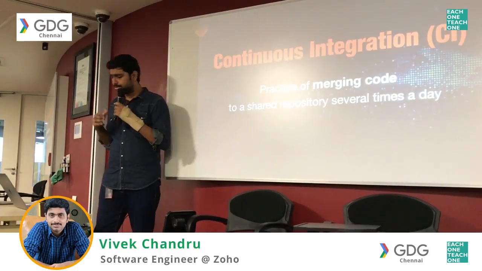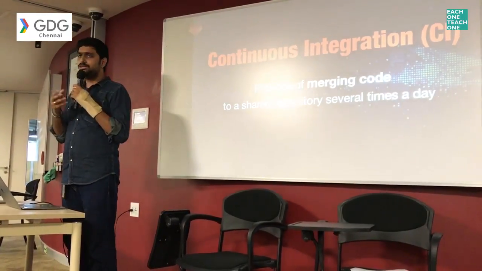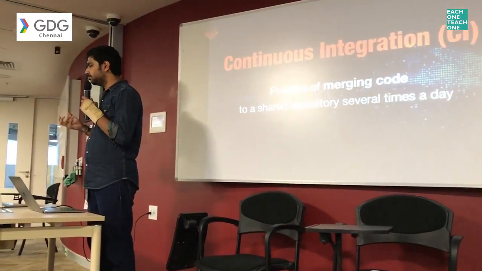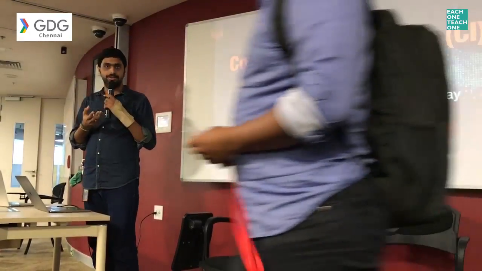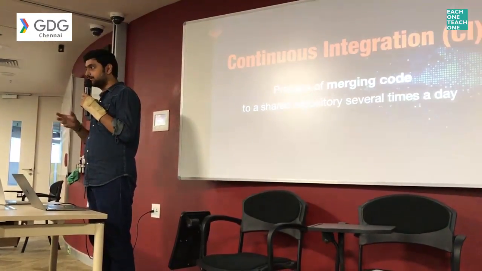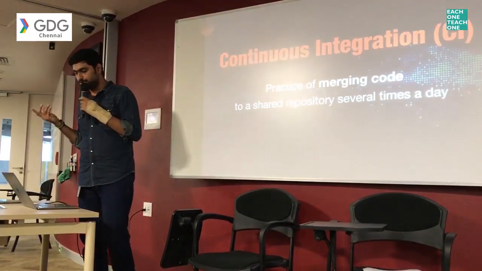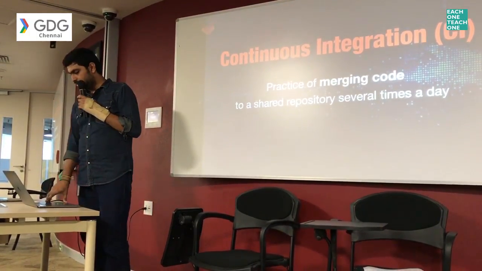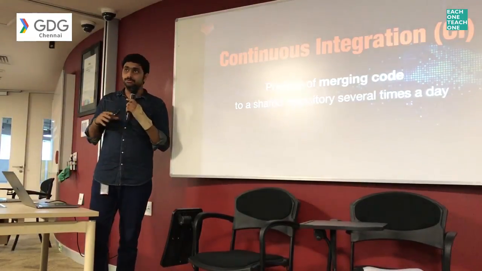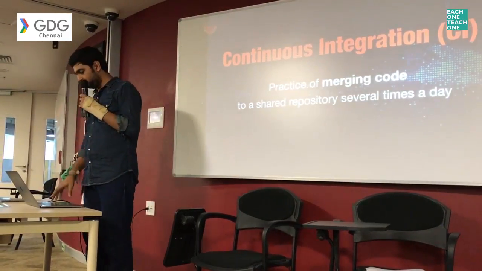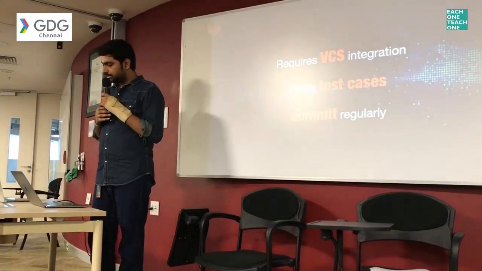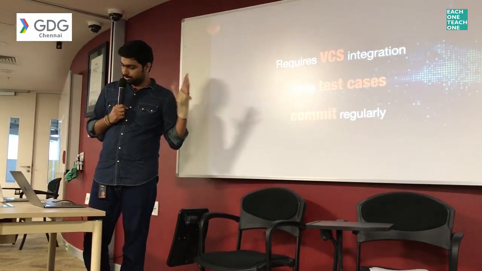So integration hell is where someone actually adds some dependency or some module or some class files, and others don't know about it, and that actually leads to a lot of issues when you build the project. So CI is a process where you merge the code often, and you need these things.